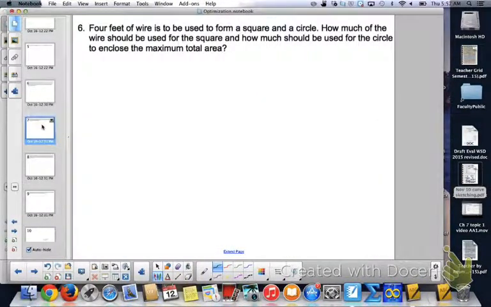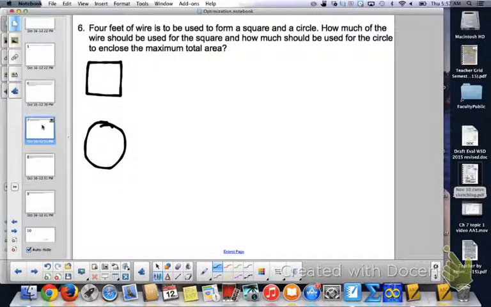All right, 4 feet of wire is to be used to form a square and a circle. How much wire should be used for the square and how much should be used for the circle to enclose the maximum area? All right, so we have a square, we have a circle, 4 feet of wire. So 4 feet of wire is our perimeter.